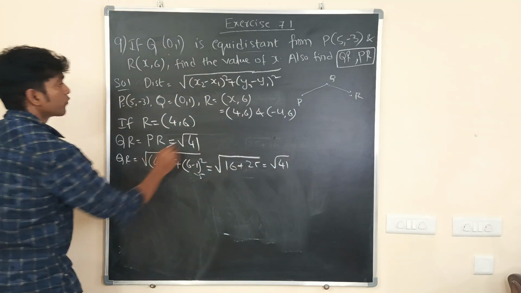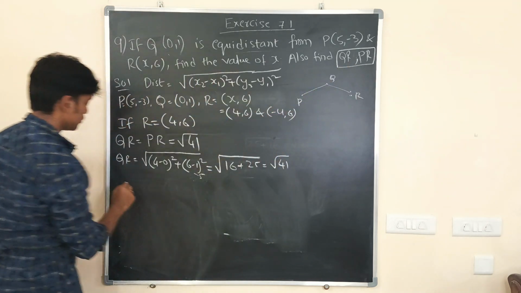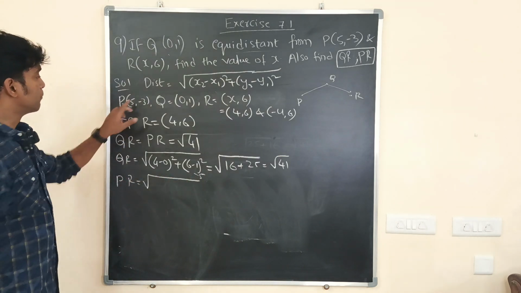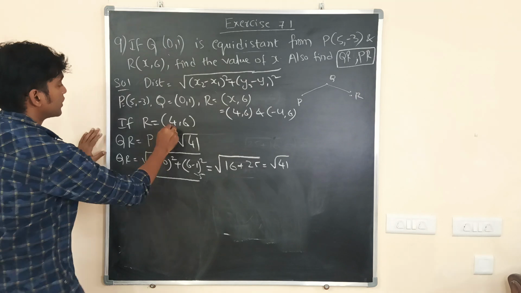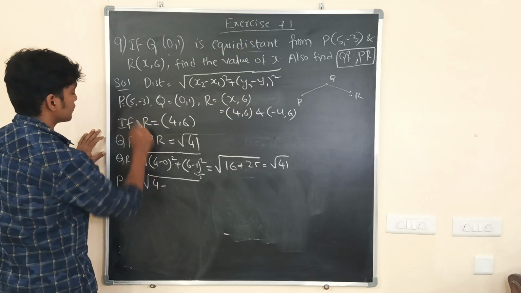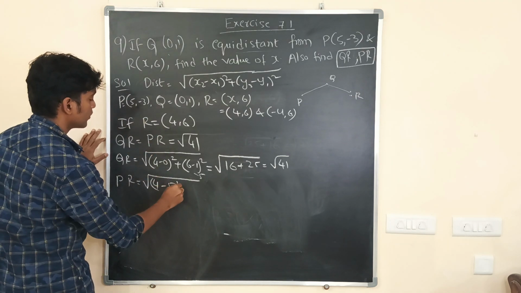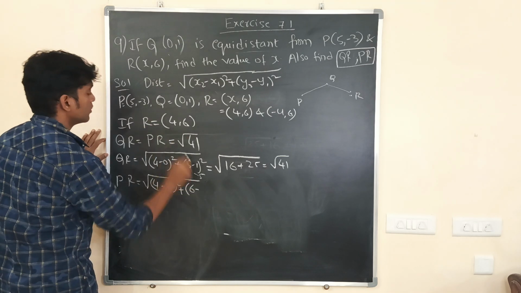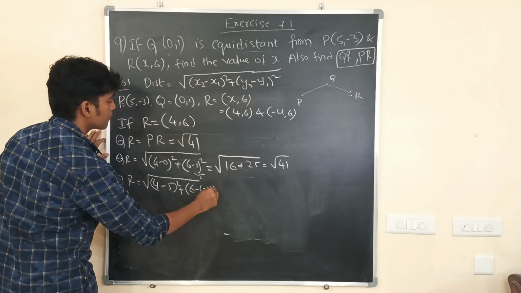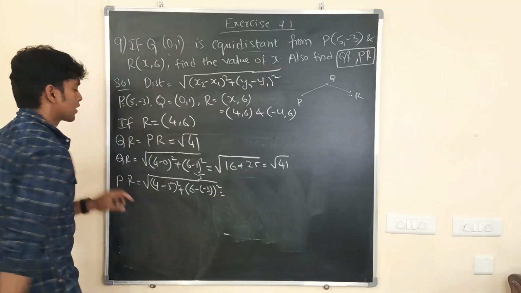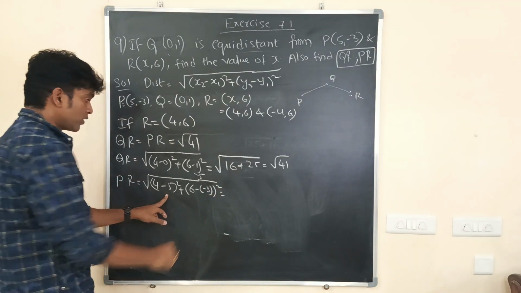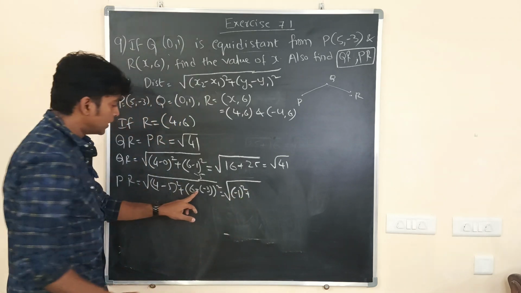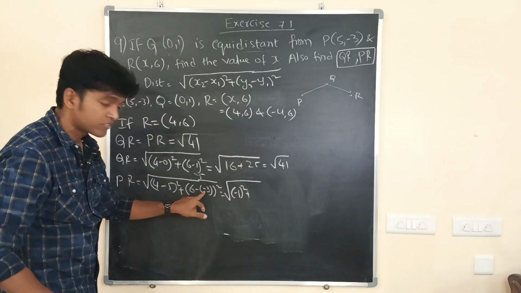And what we have to find? PR. Square root of, for P and R, x2 is 4 minus 5 whole square plus 6 minus of minus 3 whole square. 4 minus 5 is minus 1, whole square, plus 6 minus of minus 3 means 6 plus 3.